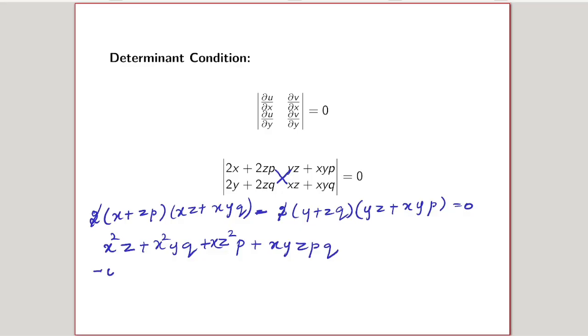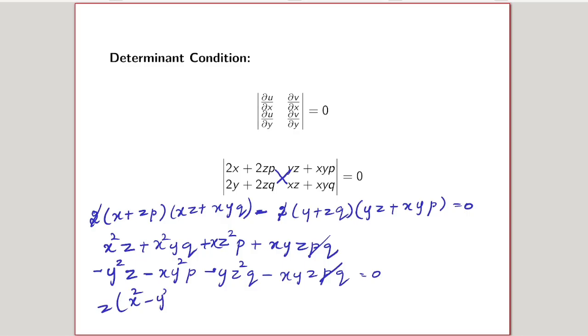So minus, it is y square z, and it is minus x y square p, and then minus, it is y z squared q minus x y z p q is equal to 0. So these two terms, it will get cancelled, and from these two things, we can take z commonly outside. It can be written as x squared minus y squared, and then these two terms.